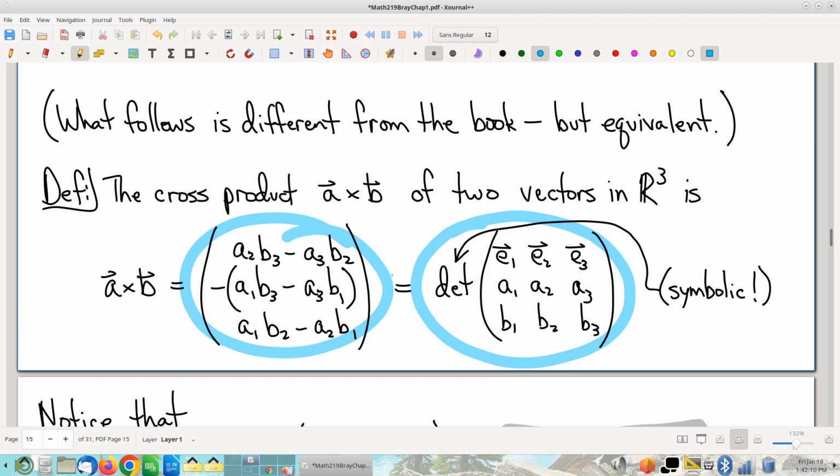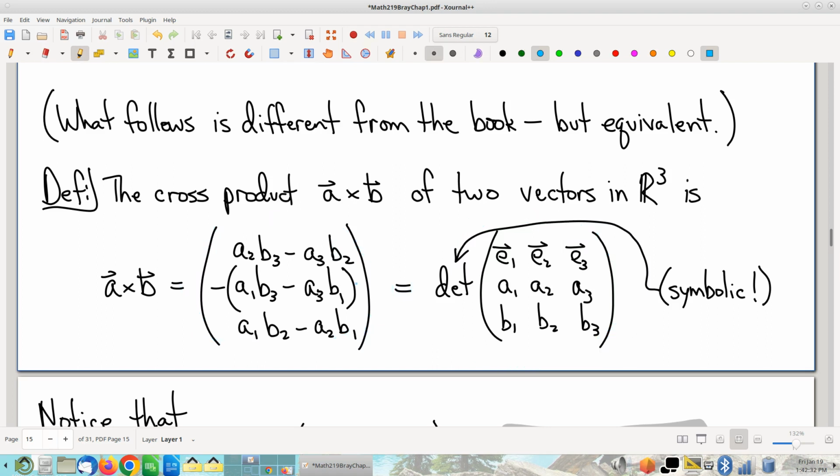And this isn't really quite exactly a matrix because look at the top row. The elements in this top row, they're not even numbers. They're vectors. Can you do that? I mean, this seems a little fishy. So I'm going to call this a symbolic matrix, just to avoid any potential trouble there.